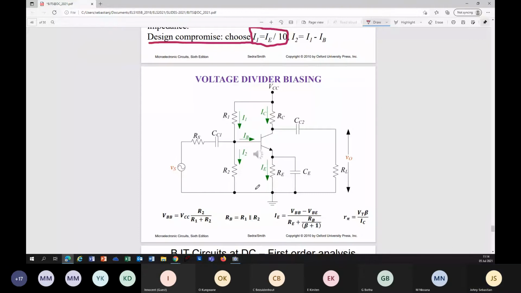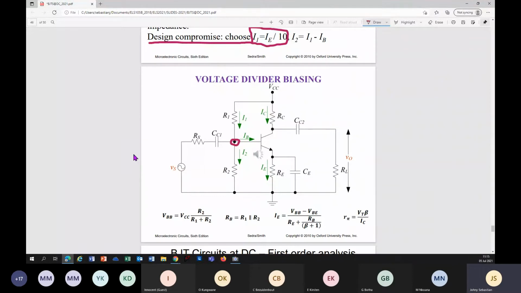VCC, RC, RE going to ground. Okay. Current through RC is called IC, collector current. Current through RE is called emitter current, IE. Okay. Then current through R1 is called I1. Now take a KCL at this point.